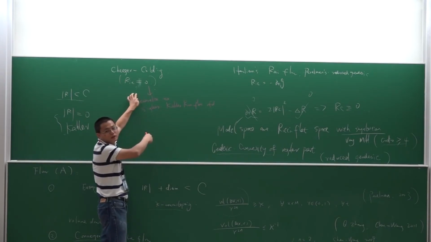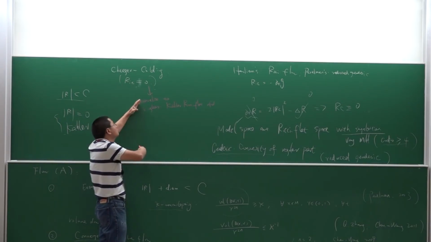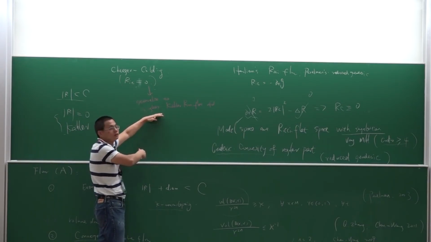So you have to modify one of the theories a little bit. That is the Cheeger-Colding theory. We generalize this Cheeger-Colding theory to singular Calabi-Yau manifolds with codimension 4.